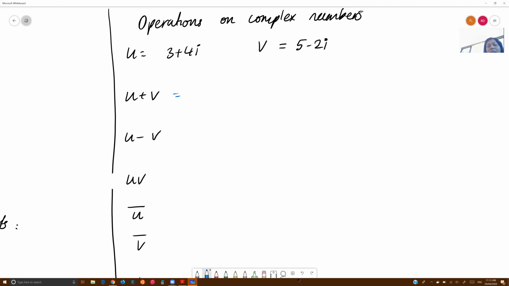So when I add them, I'm going to just add like you do with algebra, although they're not variables, but they are like. So what you do is you combine the real parts together. 3 plus 5 is 8, and 4i take away 2i is plus 2i. So that's how we add complex numbers: combine real parts and combine imaginary parts.